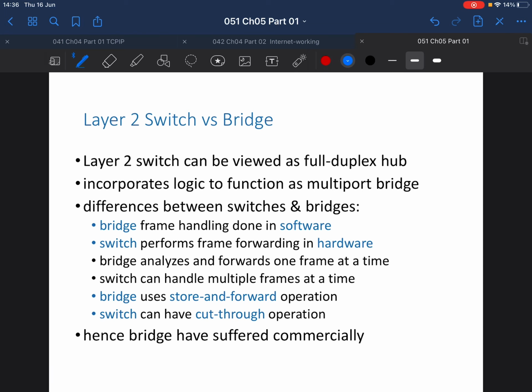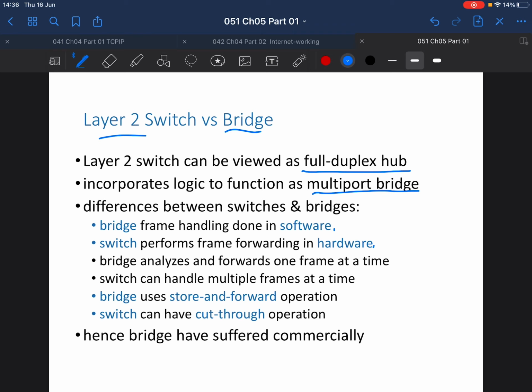Layer 2 switch versus bridge. Comparison: bridge versus layer 2 switch. A layer 2 switch can be viewed as a full duplex hub. It incorporates logic to function as a multi-port bridge. Differences between switches and bridges: bridge frame handling is done in software, while a switch performs frame forwarding in hardware.